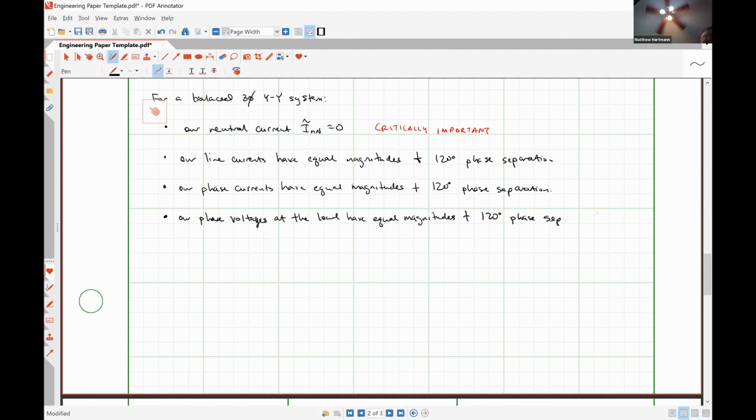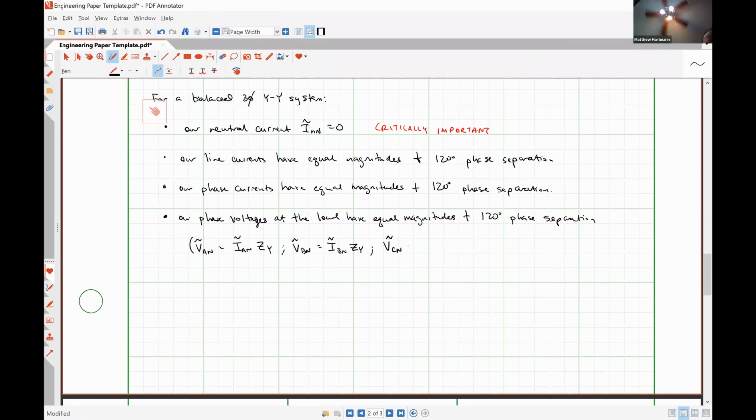And let me write down some equations here just so you guys can see what's up. So VAN would be IAN, a balanced phase current, multiplied by ZY. VBN would be IBN multiplied by ZY, where we know that IBN is just IAN, but shifted by negative 120 degrees.